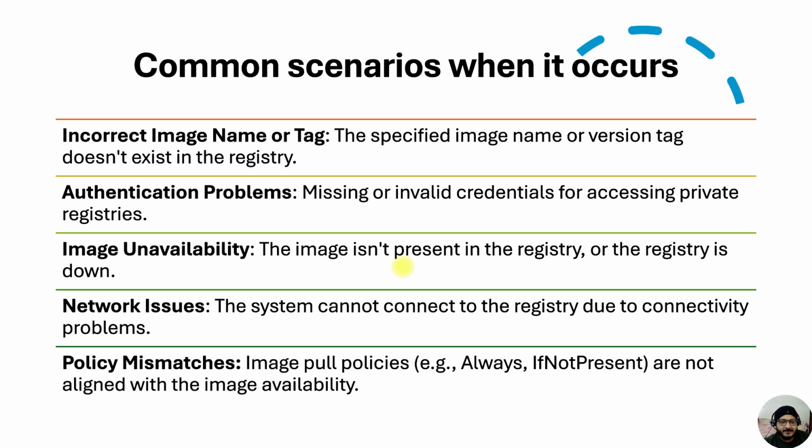If they are not aligned, you can also face the image pull back off issue. So these are the common scenarios. Because of these, if something is missing, you will definitely see an image pull back off issue, and this is a very common issue which we see on a day-to-day basis.